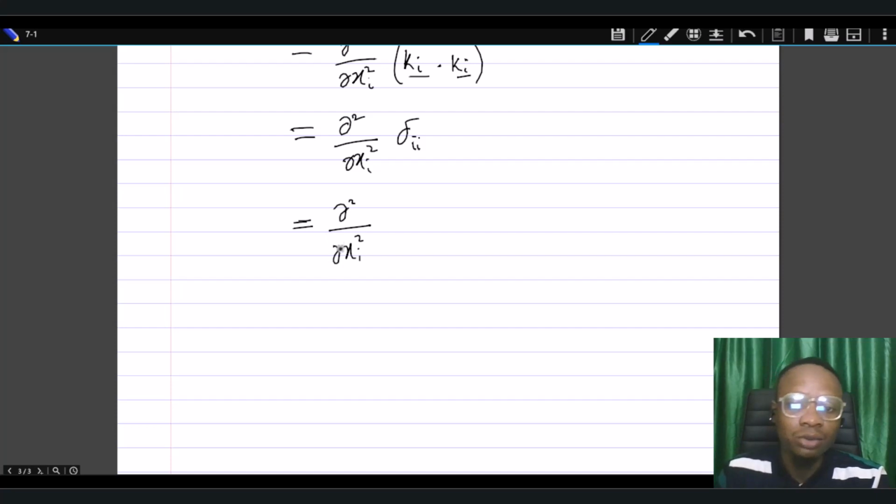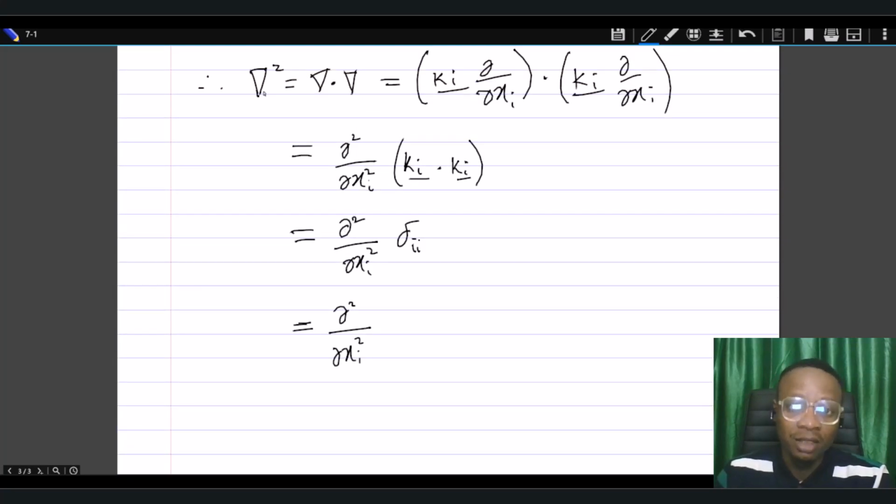And now the way we have obtained this result, it's as though we have the subscript i appearing only once. And if it appears only once, that suggests that we have a free index and not a dummy index. I believe you still know the difference between these two. If this were a free index, that would not make any sense, because that would be implying that nabla squared would depend on the particular components we're interested in.